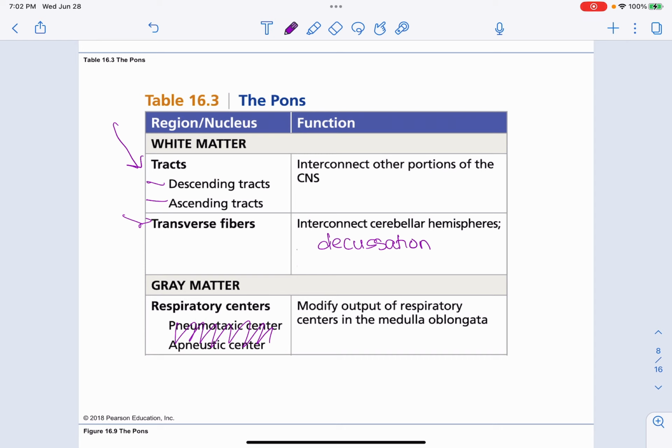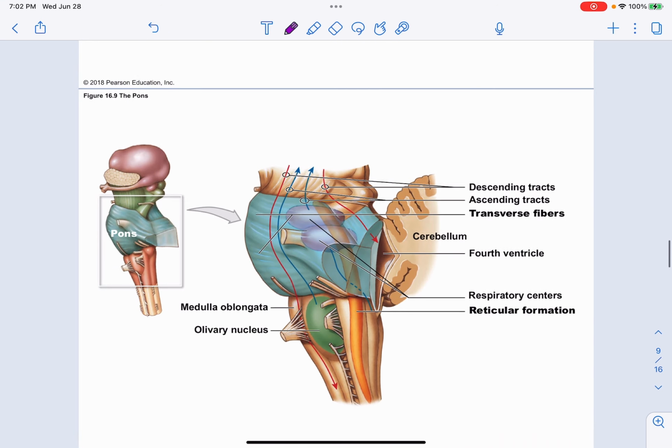So there are different types of muscles involved in controlling whether we breathe at a faster rate. And this is what the respiratory center of the pons is doing. This is going to modify the output of the respiratory centers. Let me show you in a picture of what this looks like.